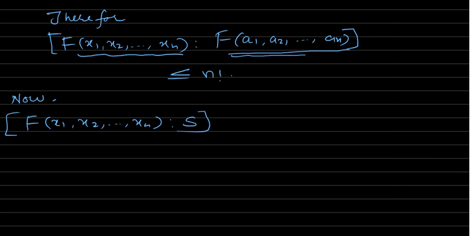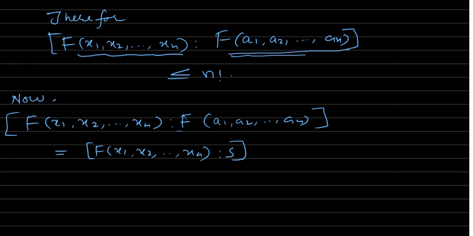So the degree of F(x1, ..., xn) over F(a1, ..., an) is equal to the degree of F(x1, ..., xn) over S times the degree of S over F(a1, ..., an), because S is a field lying between F(x1, x2, ..., xn) and F(a1, a2, ..., an).